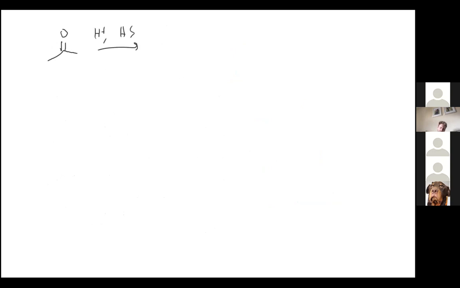Yes. So if you take a cyclic thioacetal, we can throw in something referred to as Raney nickel. And this is going to reduce this down to just carbons. This is particularly useful because we don't really know a way to do this.